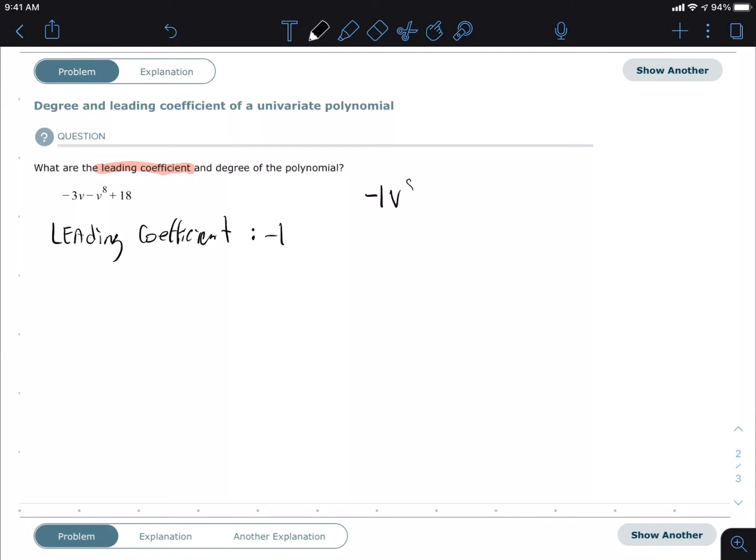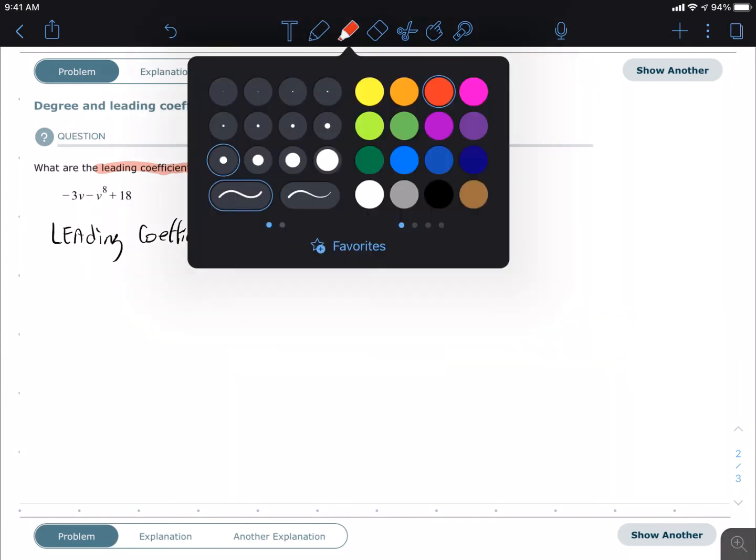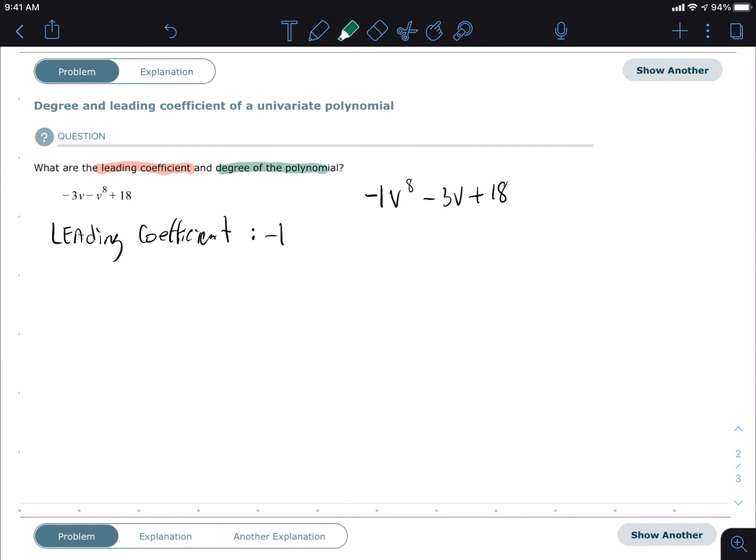It's -1 v to the 8th minus 3v plus 18. Got it? Now, the degree of the polynomial, which is another important thing, and I should write that down in a different color. Degree of the polynomial is what is the highest power. That's it. So the degree of the polynomial is 8.